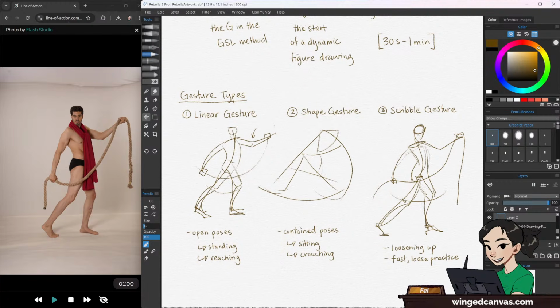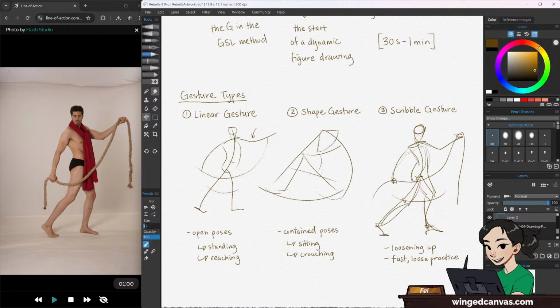In fact, if you're trying to go for accuracy, it's better to think about placing alignments so that you can have more accuracy in the drawing. You want to be more accurate in describing the movement rather than the pose, the structure or the proportions necessarily, if that makes sense.